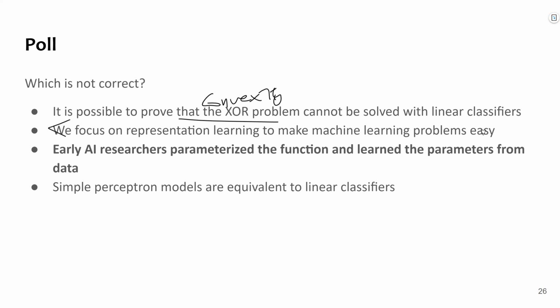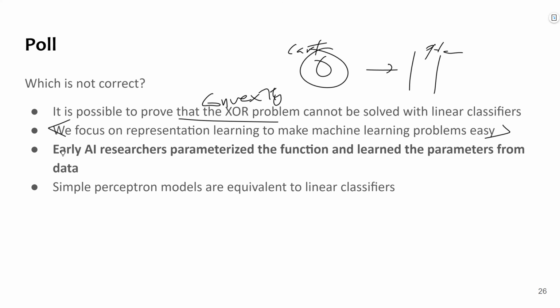And for the second option, I gave you this circle picture, and this could become these two lines when we change the coordinates from Cartesian to polar. So the second option is also correct.